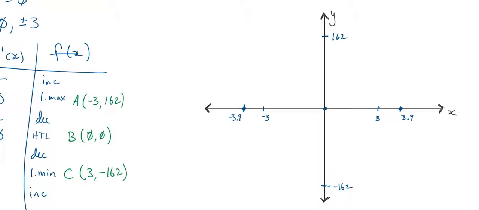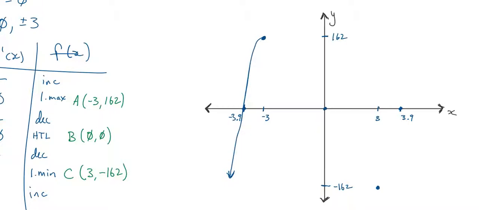This one was degree 5 with a positive leading coefficient, so it's going to start in quadrant 3 and go to quadrant 1. And it starts increasing until x hits negative 3, where we have this point. So again, that matches. And remember what's happening at this next point here?